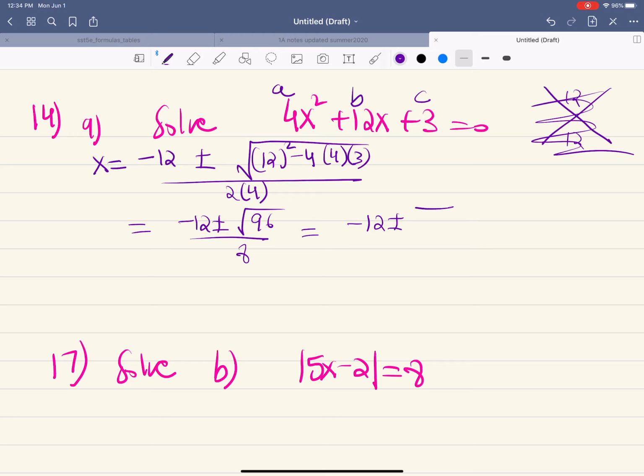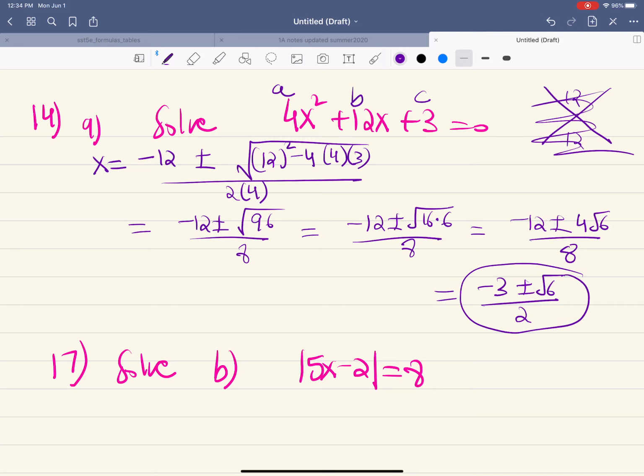It is 16 times 6, divided by 8. Negative 12 plus or minus, I can pull out a 4. And now we can pull out 4 from the top, which becomes negative 3 plus or minus the square root of 6, divided by 2 as my final solution in the simplified form, because we don't want to leave any common factors between numerator and denominator.